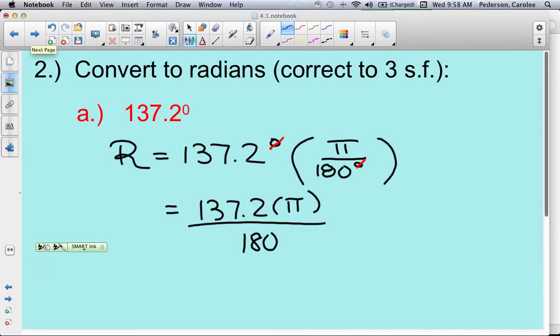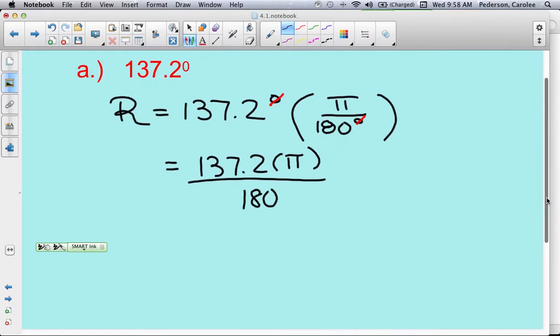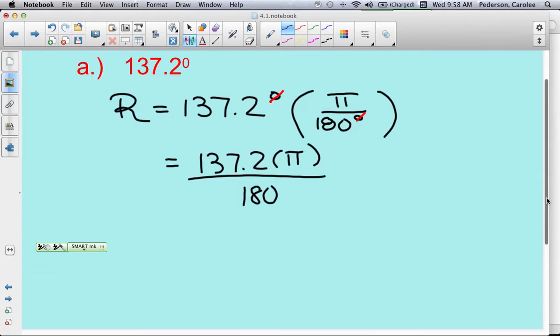So you take 137.2 times pi, which remember is about 3.14, and then divide it by 180. So what is our radian measure? 2.395 radians.